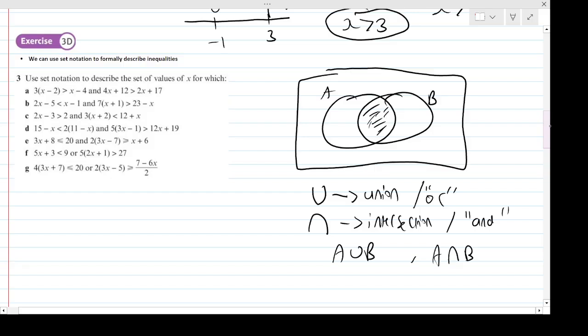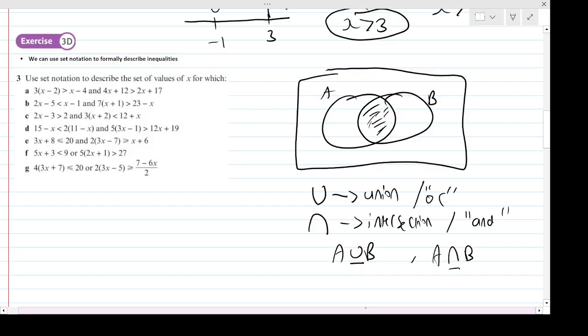I like remembering the order of what they mean because "and" has a quite distinctive N sound, and this looks like an N. And I guess you can extend it to "or" as well: "or" has a sort of U sound, so it looks like the U shape.